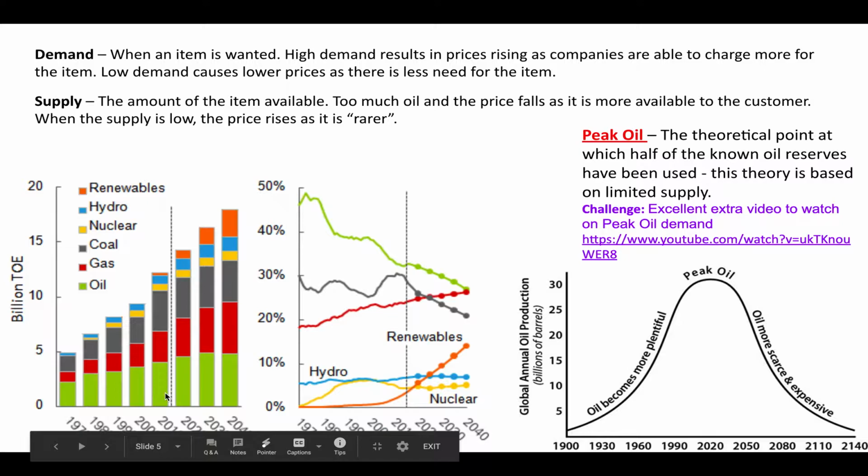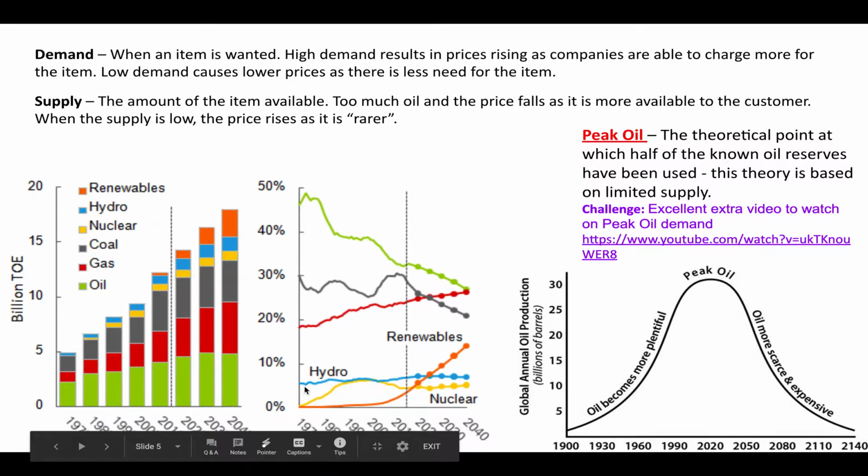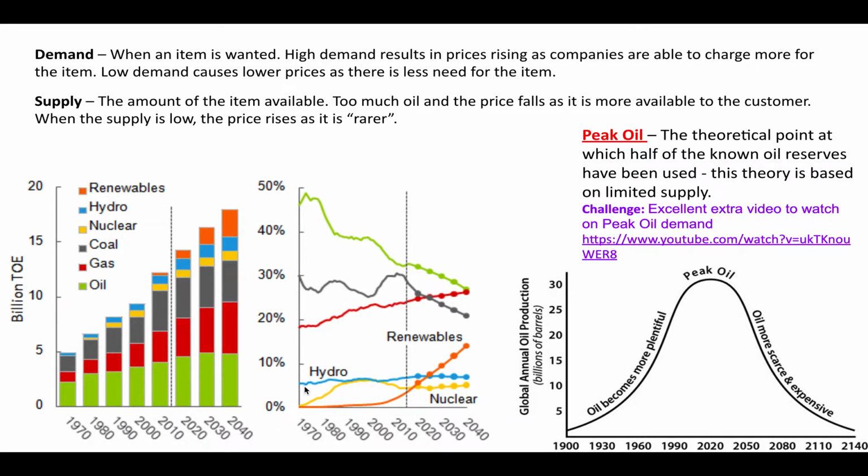And if we express that as a percentage, it could be done as a pie chart, but in this case, we're doing it as a line graph. Here's what we see. Hydroelectric power, although it's grown, this blue bit, has grown overall as a percentage of the energy that we use globally, it has stayed pretty much the same.